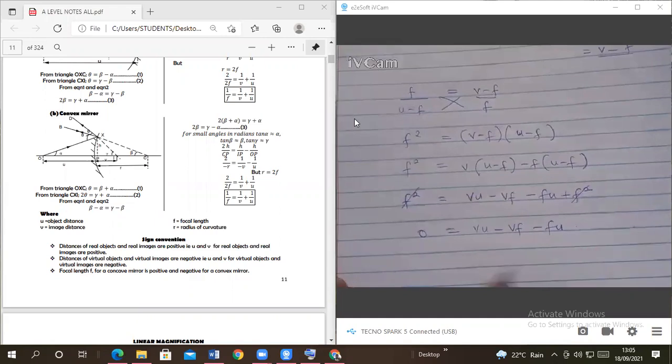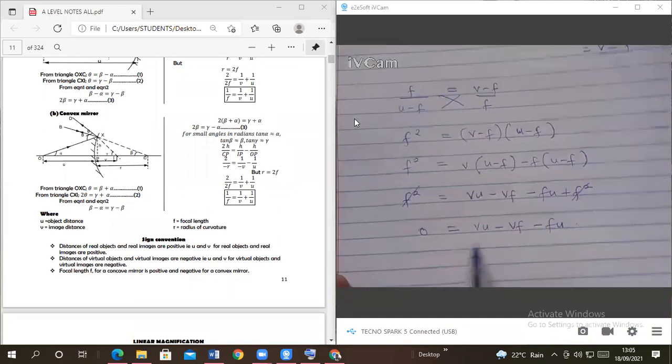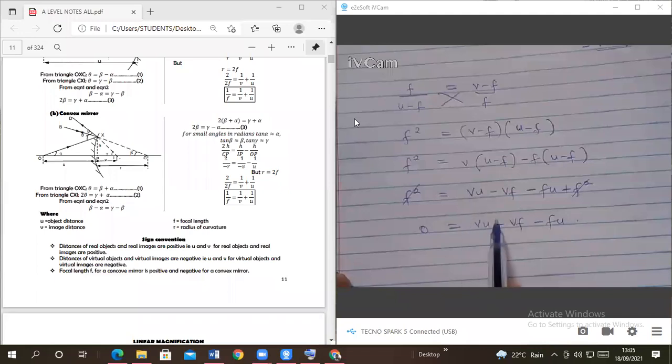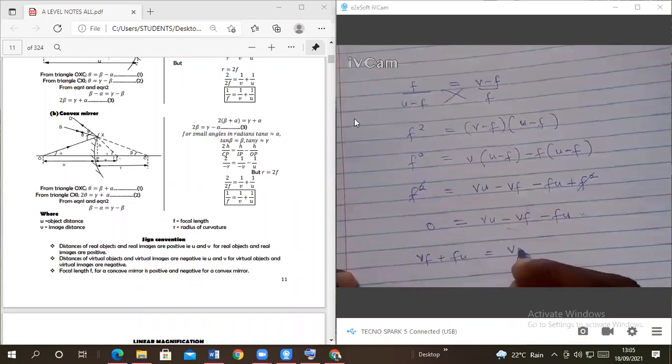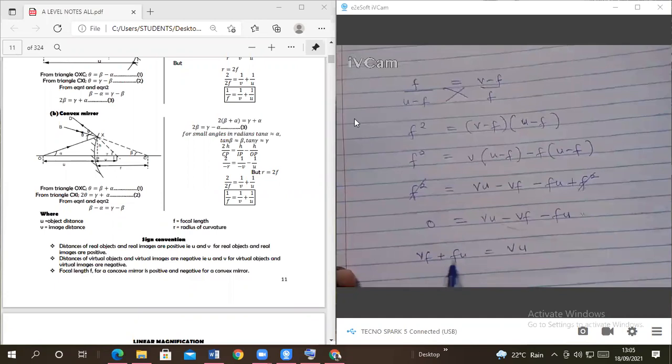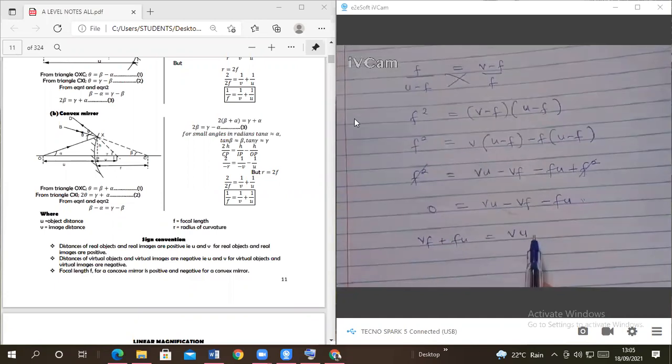Now what I want is to get 1 over F. So I will take the terms which have negative, bring them this side, and I will have VF plus FU equals VU.